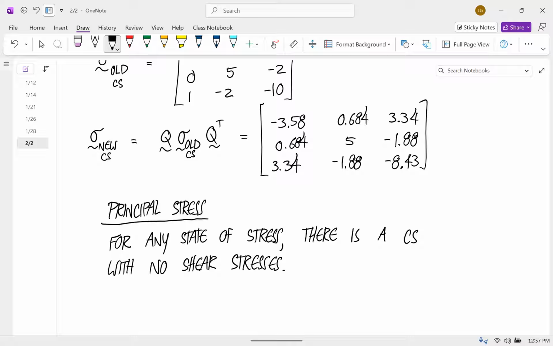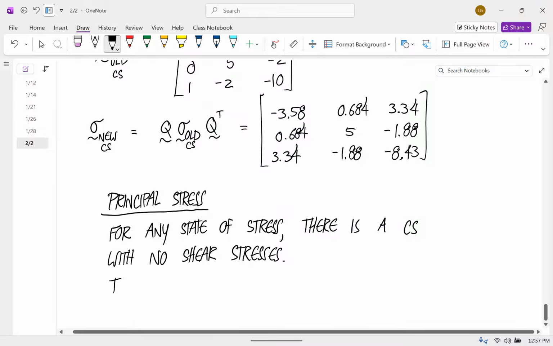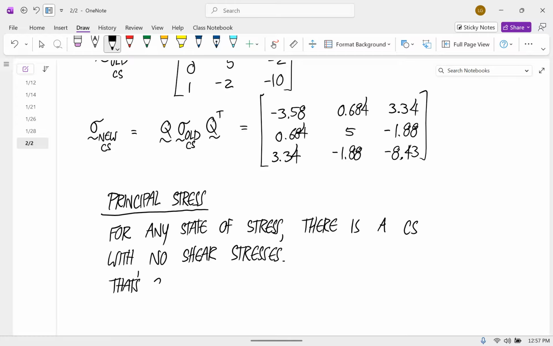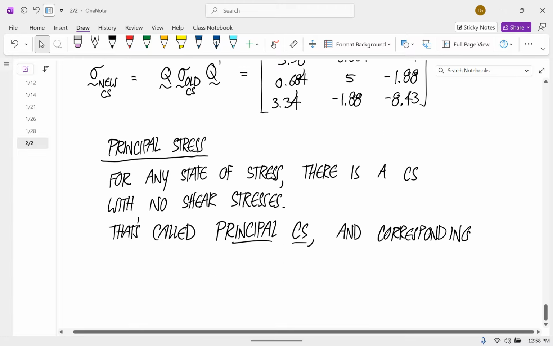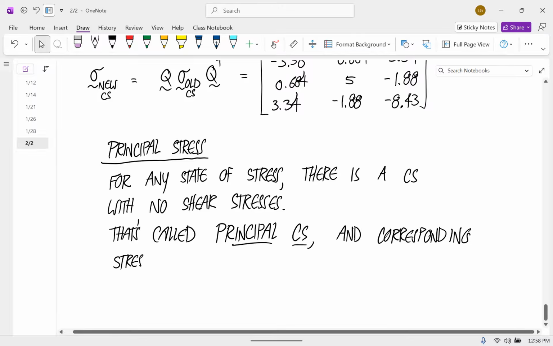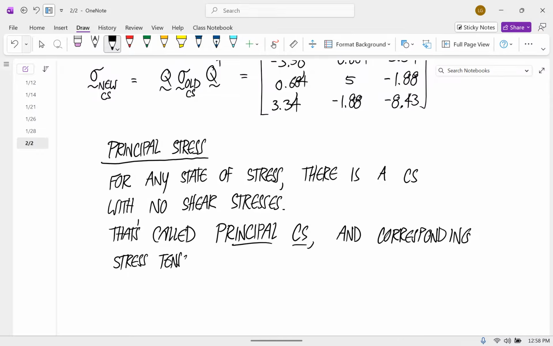All you have is normal stresses. That's called the principal coordinate system, and the corresponding stress tensor is called the principal stress.